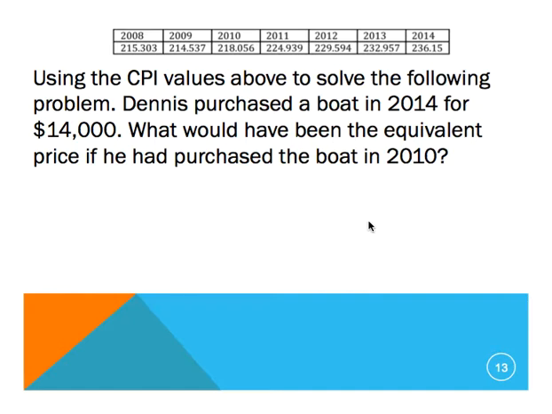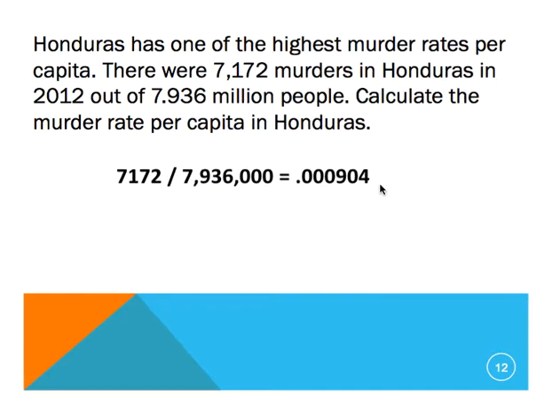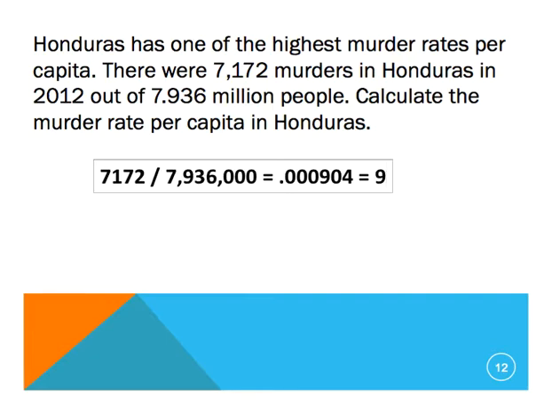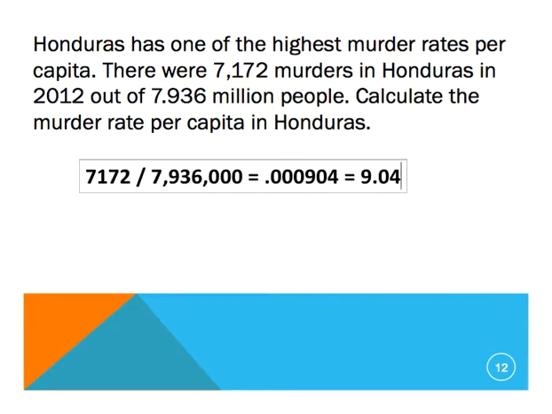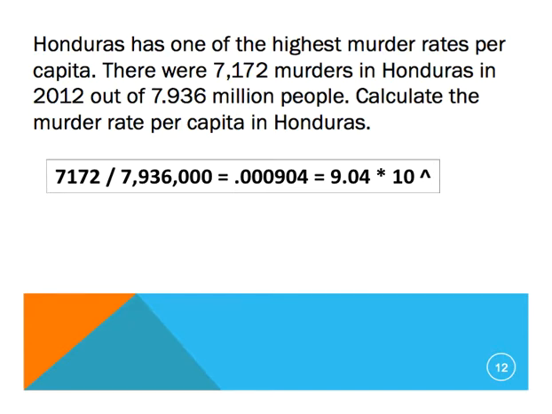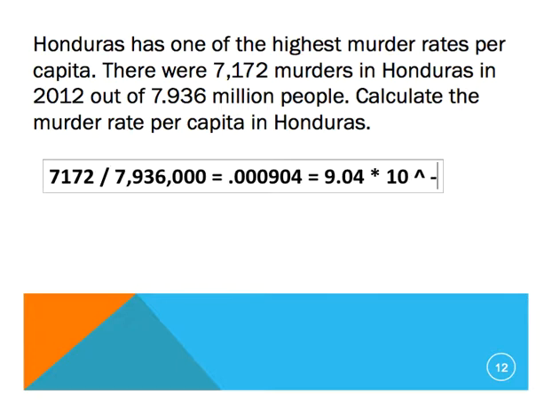One other thing I want to point out: we could be asked to write this in scientific notation, so let's review that real quick. In this case, I would make this 9.04 times 10 raised to some power. Since this is a tiny number, we are going to have a negative exponent.